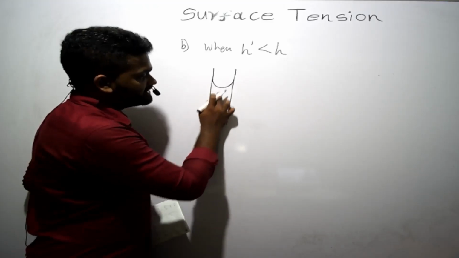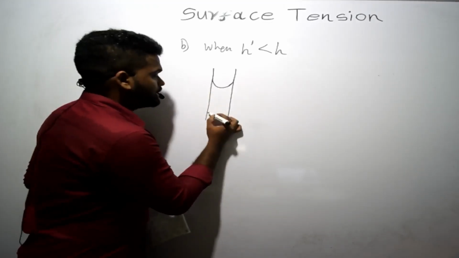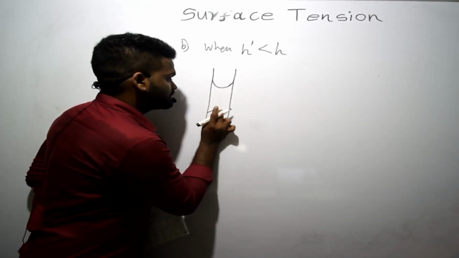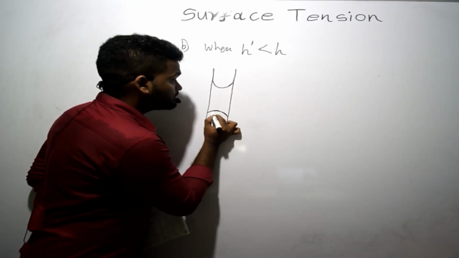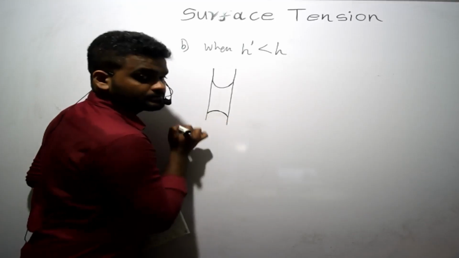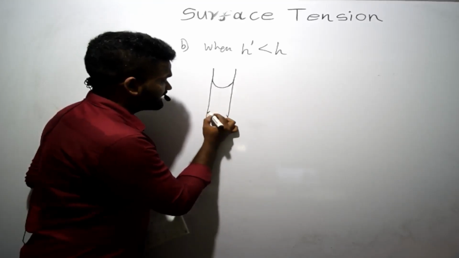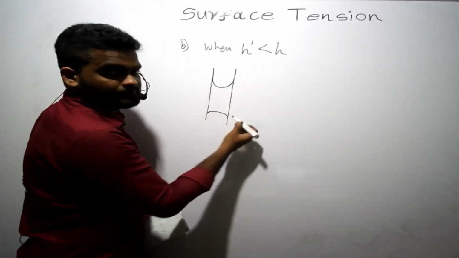Now this has less height, meaning less pressure. So this can bend like this. So the surface tension forces are more powerful here than hydrostatic pressure forces. So the meniscus gets this shape.